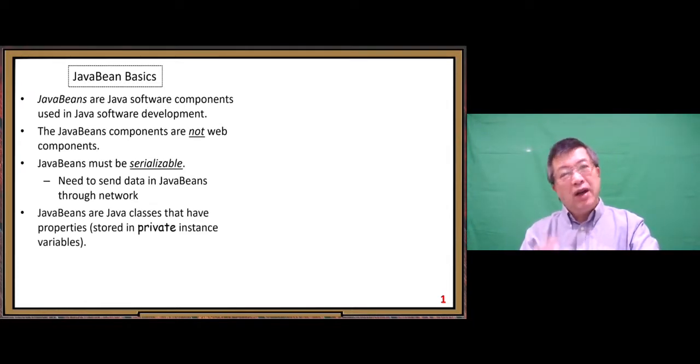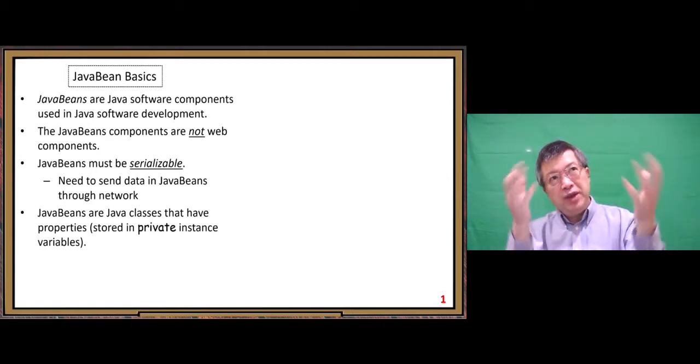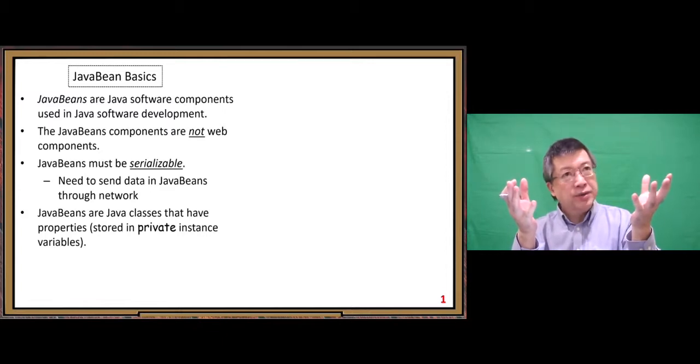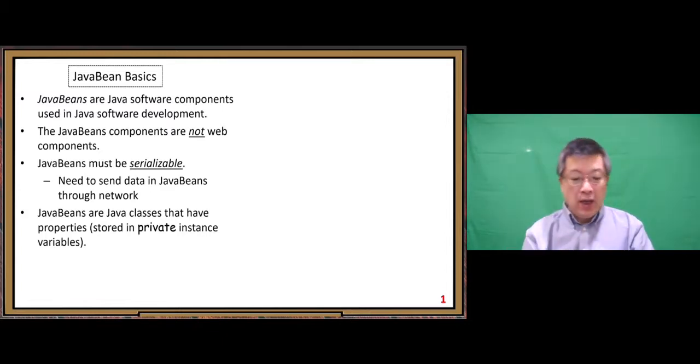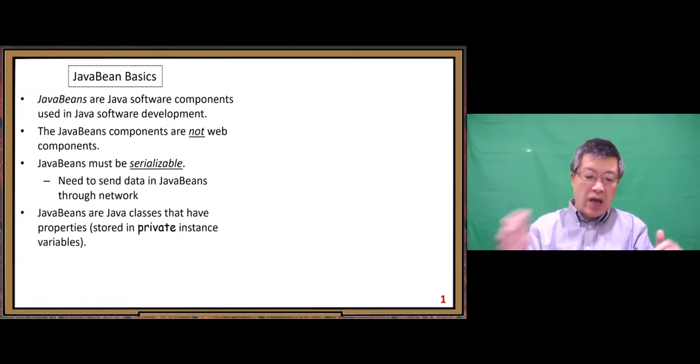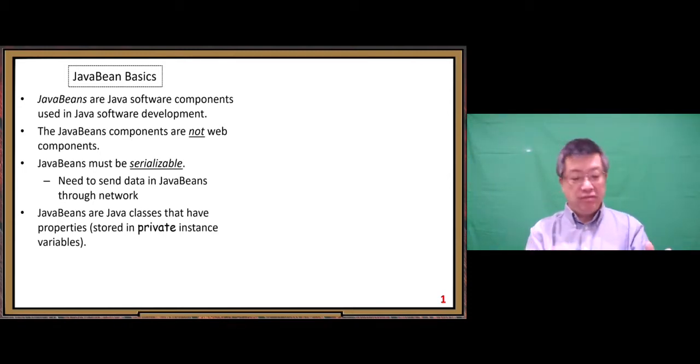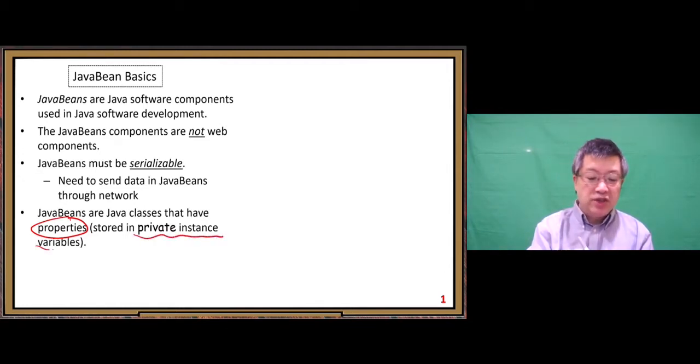First, we try to understand JavaBeans. Anything special about JavaBeans? They are Java classes that have properties. The properties are nothing special, just the private instance variables in regular Java classes.